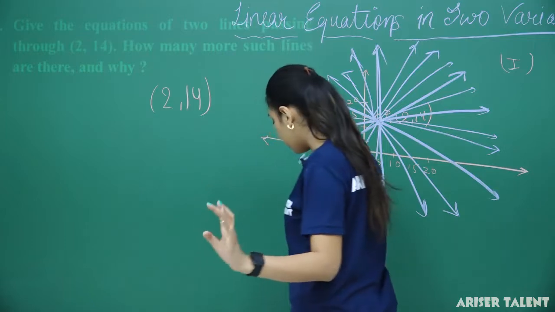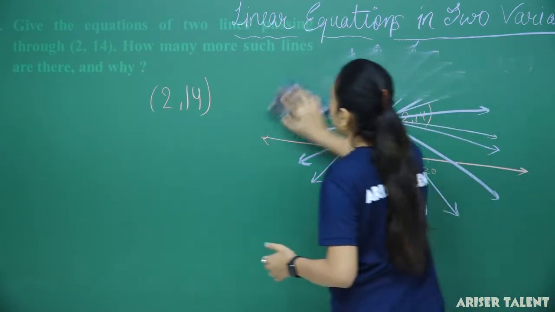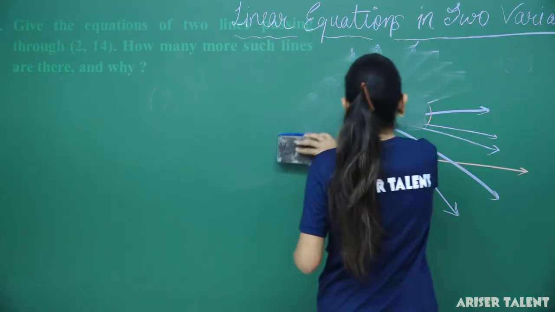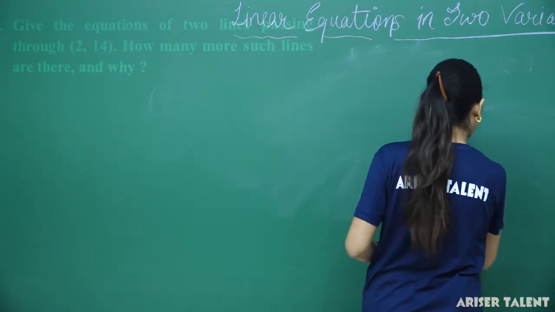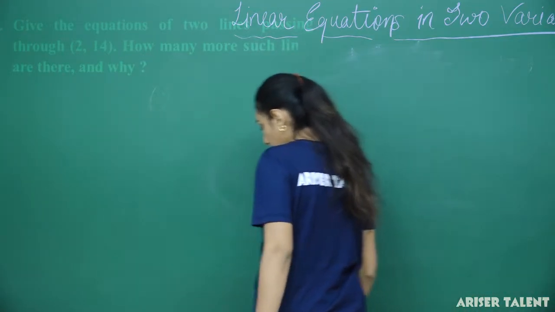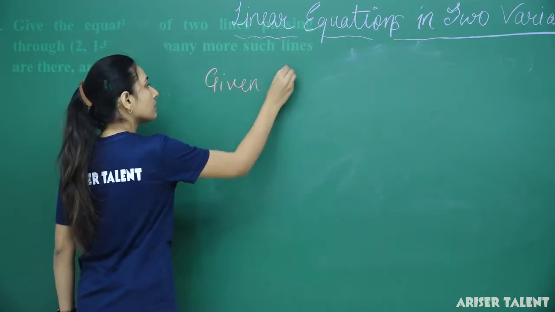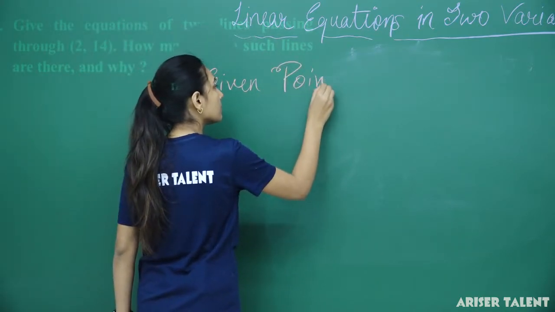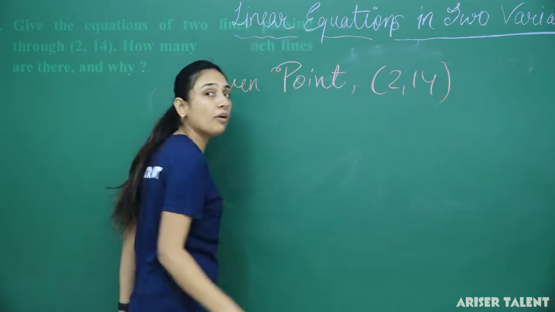So you have covered the second part, but we have not reached the first part, and the first part was that we have to write two equations for this point 2 comma 14. Now how will we do that? Given the point 2 comma 14, what do we mean by this being a point?